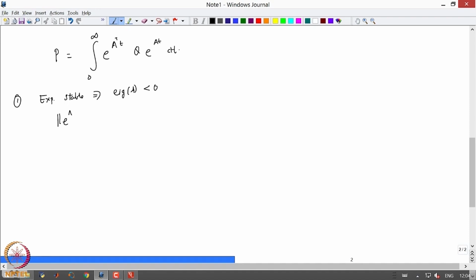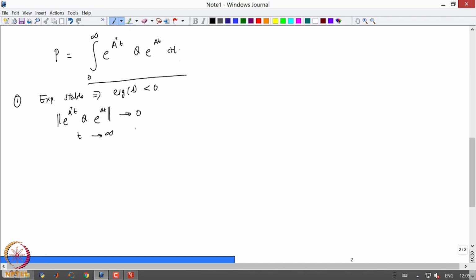e power A transpose t Q e power A t, this will converge to 0 exponentially fast as t goes to infinity, and therefore I can say that this integral is absolutely convergent, or this limit actually exists. So, what property am I making use of?